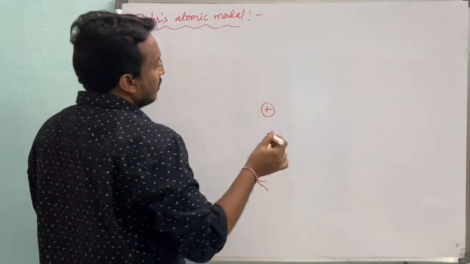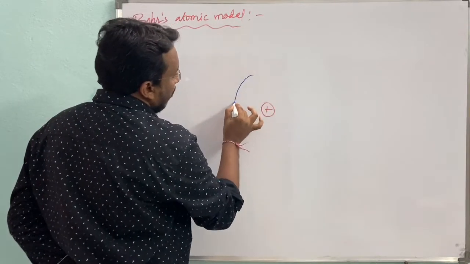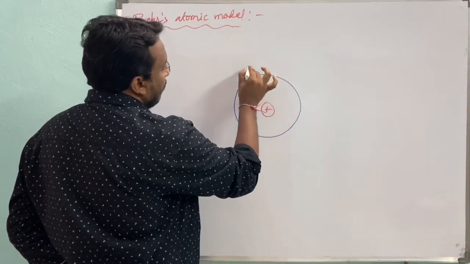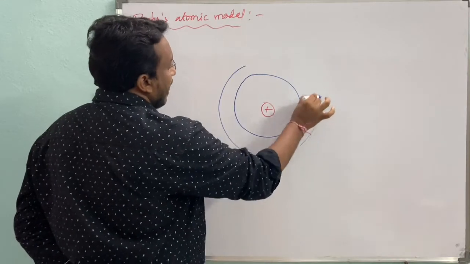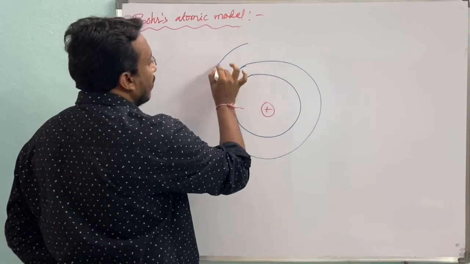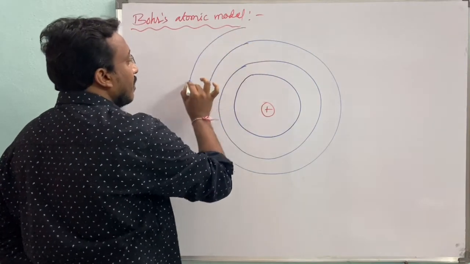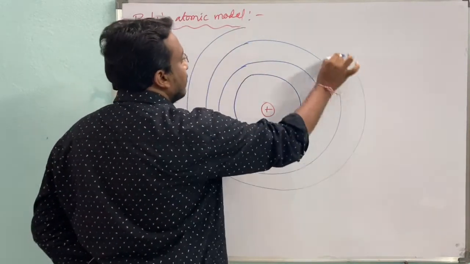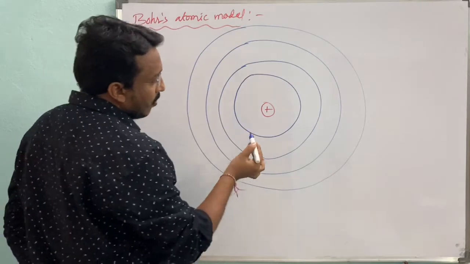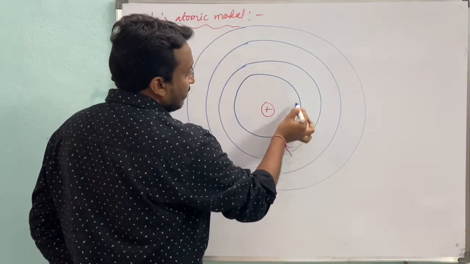Bohr's atomic model states that electrons revolve around the nucleus in discrete paths, in circular motion. That means the electron will revolve in its own path.